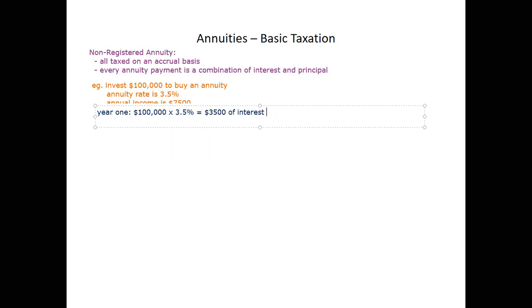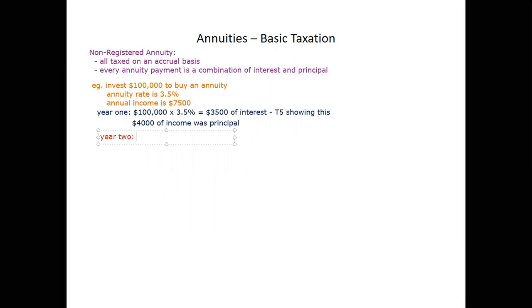You're going to get a T5 to show that, which means that $4,000 of the income was principal, which puts you down to year two at $96,000, and you can just work your way all the way through this.